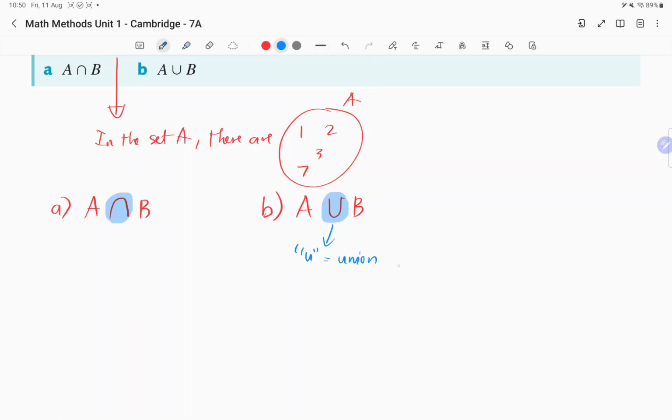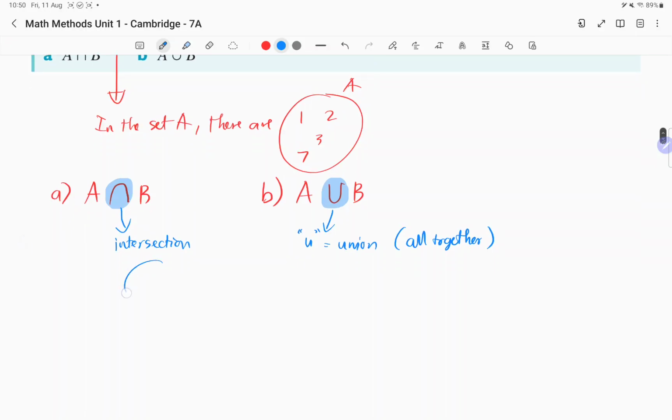Union means somewhat like together, all together. Okay, and then this symbol here means intersection, right? It's just two meanings, intersection or union, and the U represents union, so the other one represents intersection.